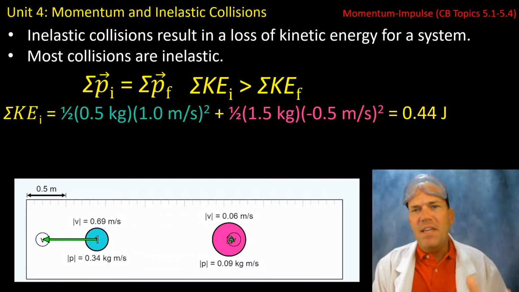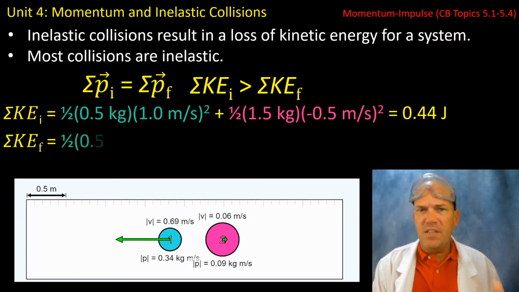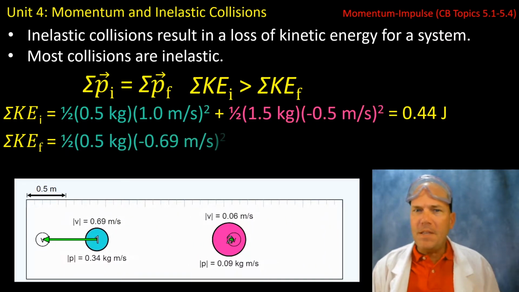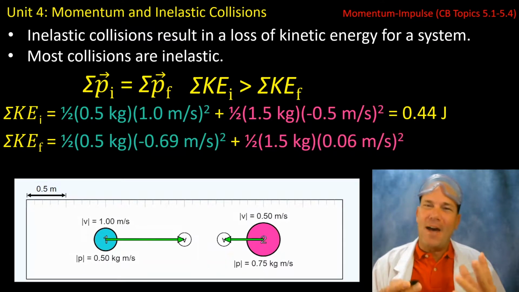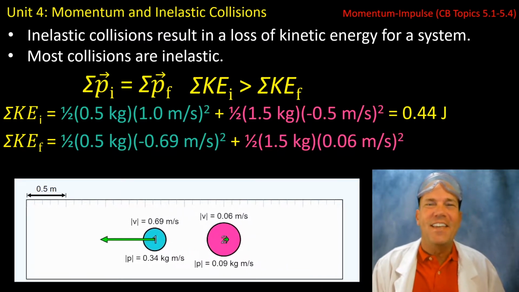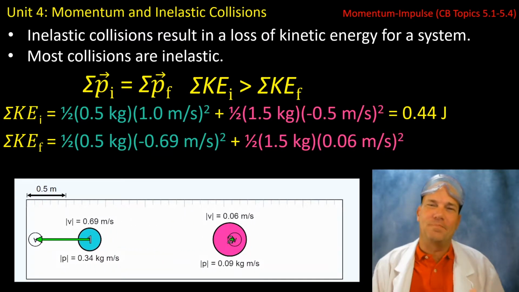Now let's see if kinetic energy was conserved in this collision. We would predict, however, that it was not. And of course, I'm teaching you about inelastic collisions in which kinetic energy is lost from the system.